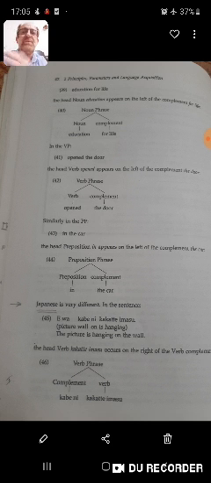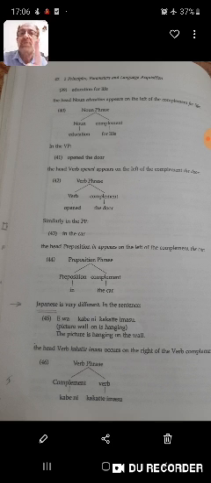In English, it appears after the subject. So in English, we have subject, verb, object. In Arabic, we have verb, subject, object. You remember? ضرب زيد أمرا.